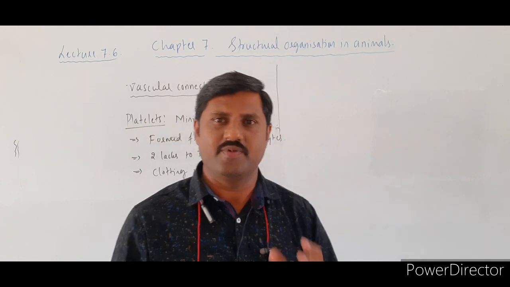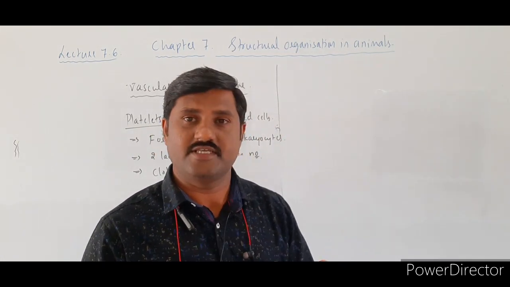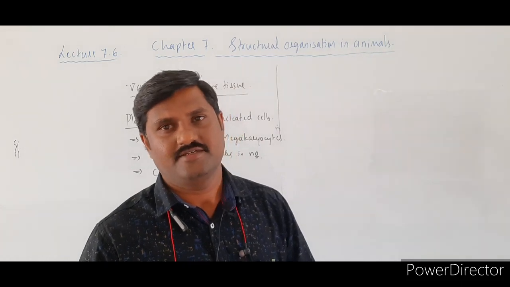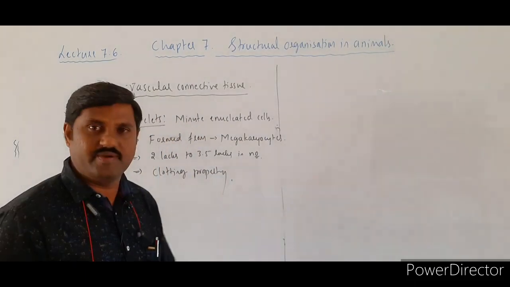So this is all about the 3 kinds of formed elements: RBC, WBC as well as platelets. This is what you should remember.